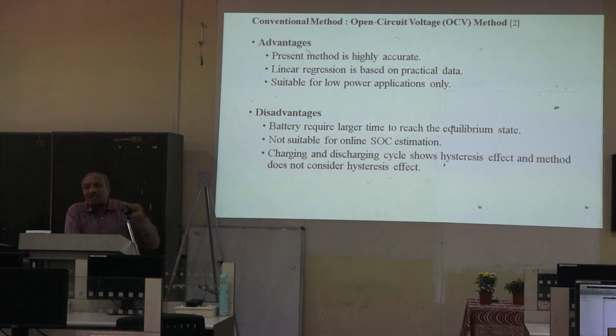That's why this method is used only for very small applications. Suppose a two-wheeler battery, I want to find its charge, whether charging or not. Four-wheelers, some probably, or where chemical reactions in cells are not continuous, we use it as a test method.